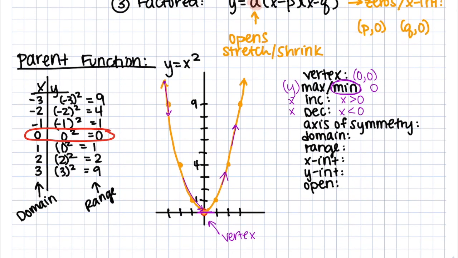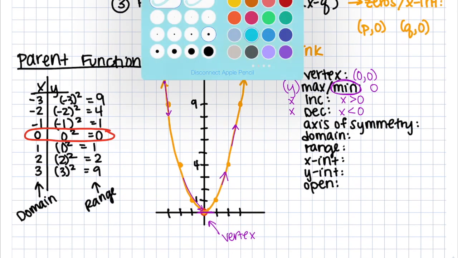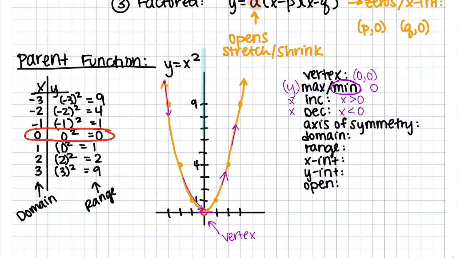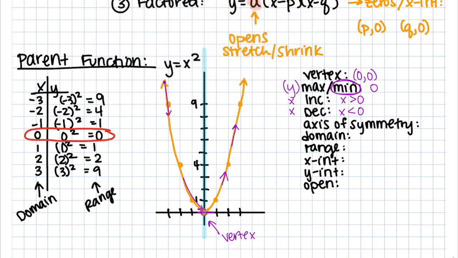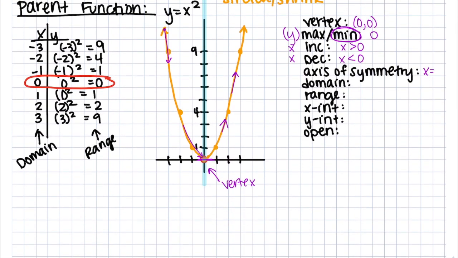Our axis of symmetry is a line that splits it and makes it symmetrical, meaning it's the same on both sides. That line crosses the x-axis, so it's going to be x equals, and then where does it cross the x-axis? Well, it crosses through the vertex, and it crosses when x is 0.